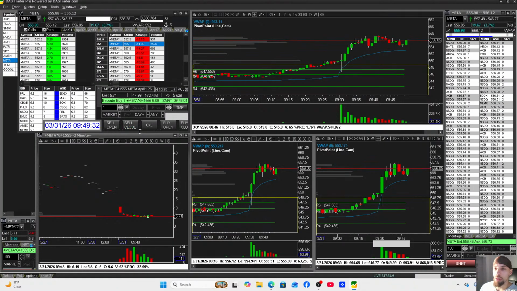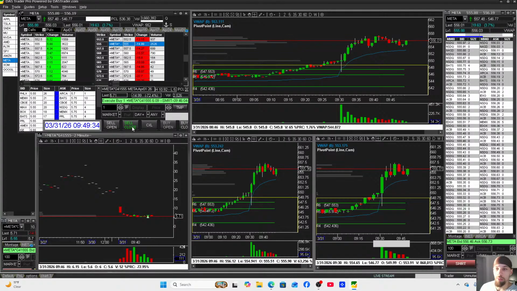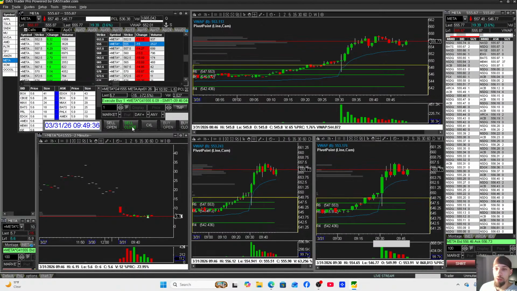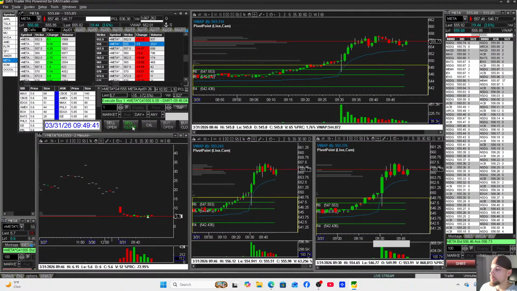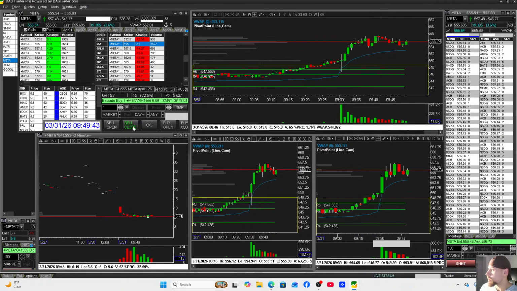SPY and Q's just got some sort of news because they're squeezing up fast. They just moved up really aggressively.